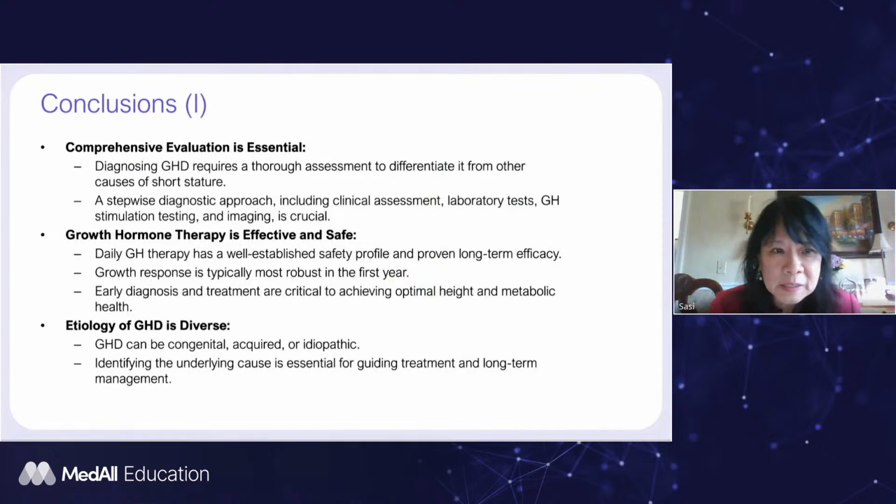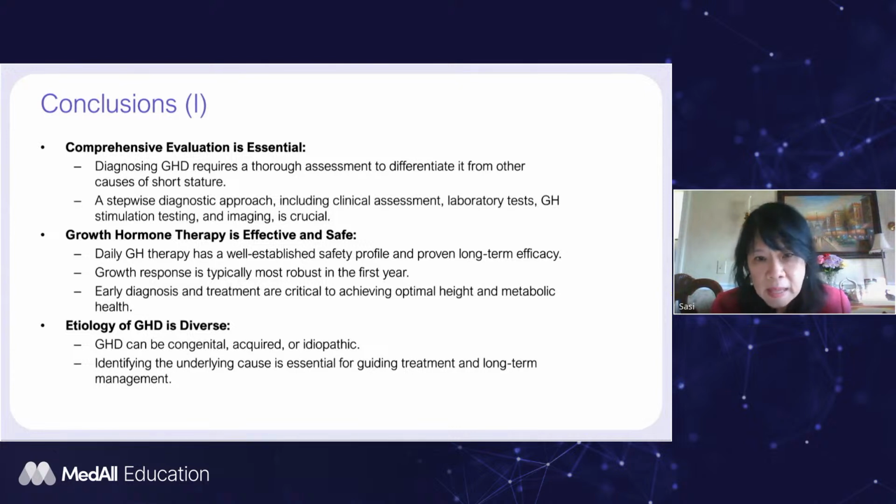So here are the conclusions of my talk: we need to have comprehensive evaluation of patients presenting with short stature. We do a stepwise diagnostic approach, including clinical assessment, laboratory tests, growth hormone stimulation testing, and imaging. And growth hormone therapy is safe and effective.